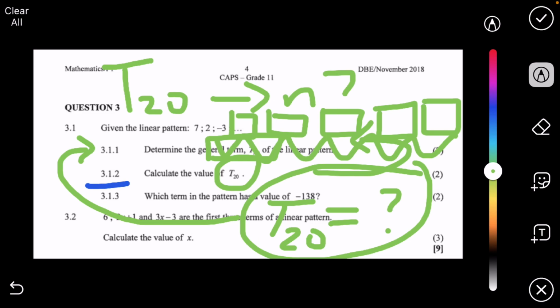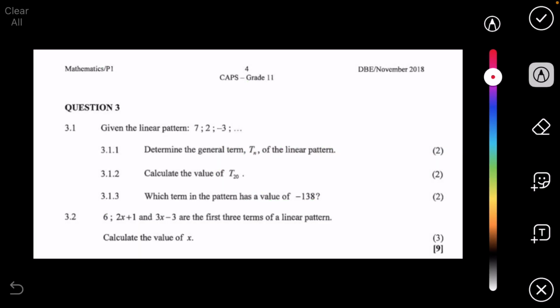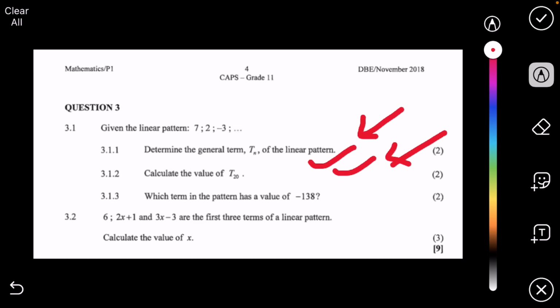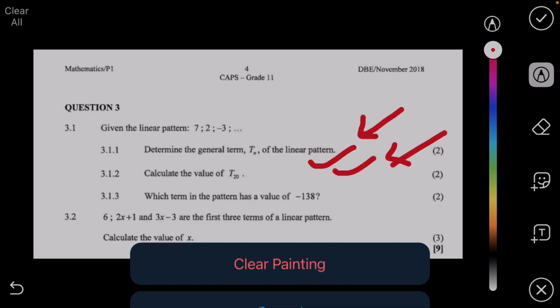Very important. I hope you understand that part. So guys, that's how you score yourself 2 marks. Your first mark comes from correct substitution, and your last mark comes from your final answer.